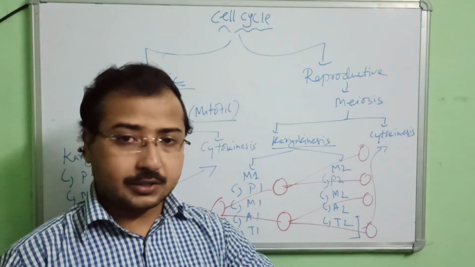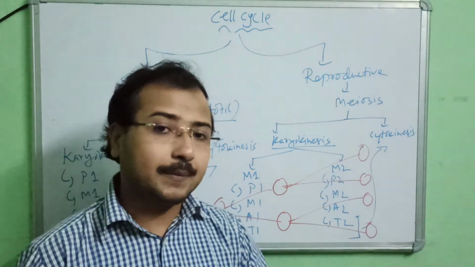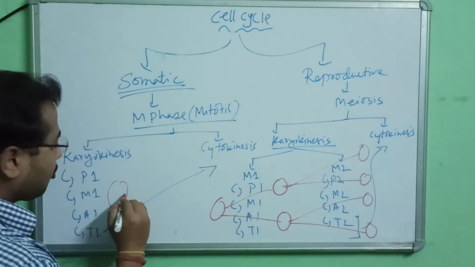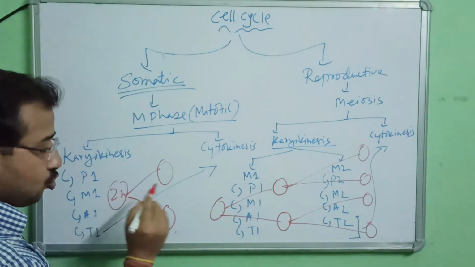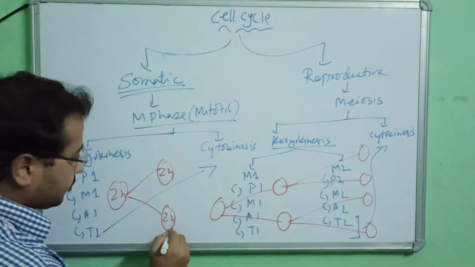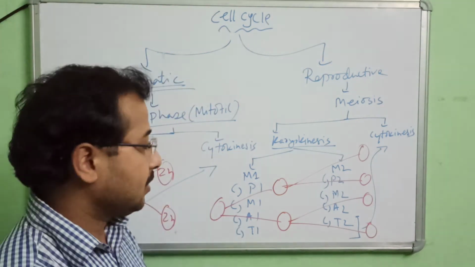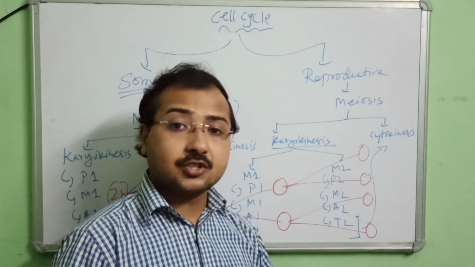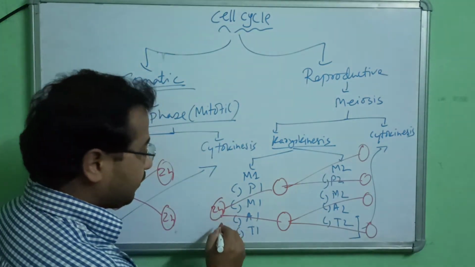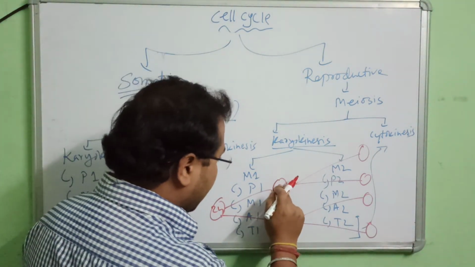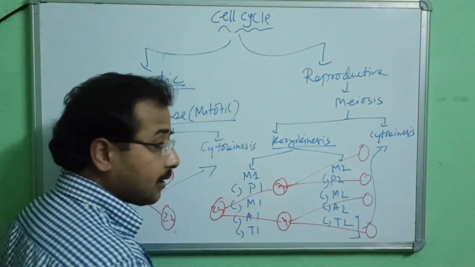Third most important difference. In mitosis, the chromosome number remains the same. One cell divides into only 2 daughter cells. If it is 2n, it is also 2n, it is also 2n. So the chromosome number remains the same, equational division. In meiosis, it is called reductional division, chromosome number reduced to half. If the parent is a diploid cell, after meiosis 1 it will become half, n, haploid.